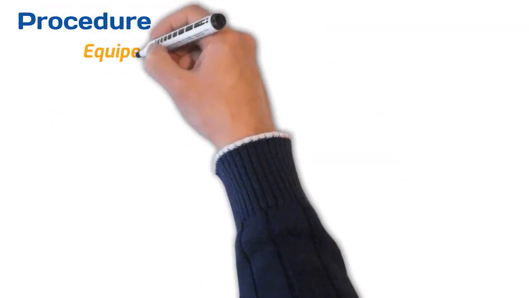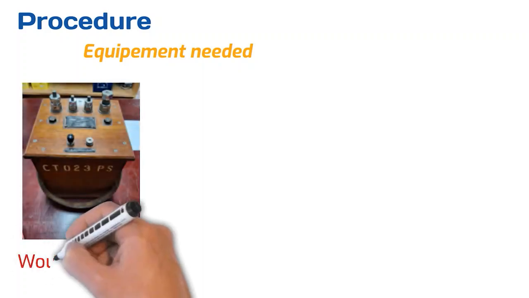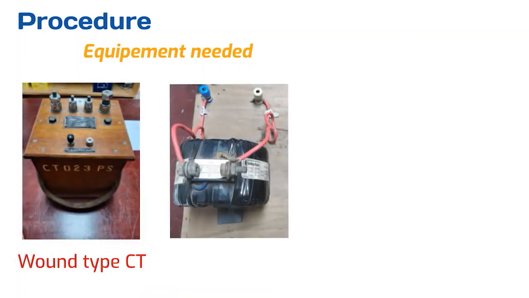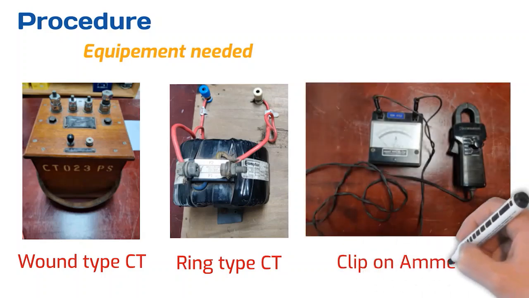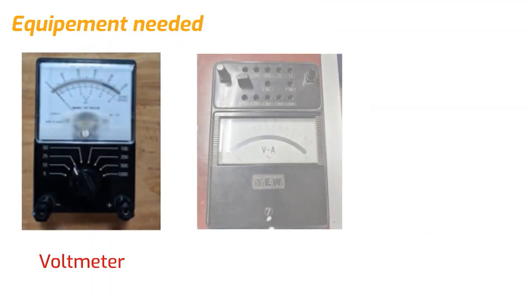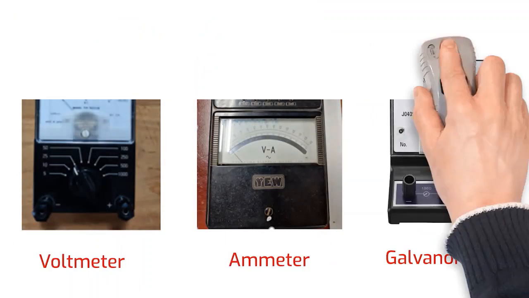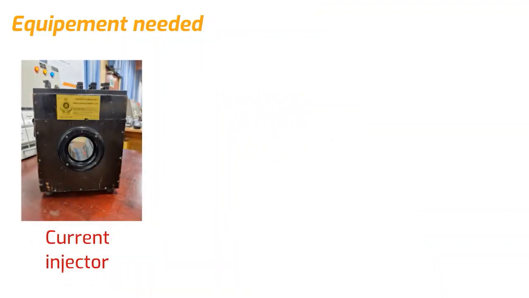Let's move on to the procedure. In this practical, we need this equipment: a wound type CT, a ring type CT, and a clip-on ammeter. All these three are CTs. Also we need a voltmeter, an ammeter and a galvanometer. Then we need a current injector, which is simply a current step-up transformer.